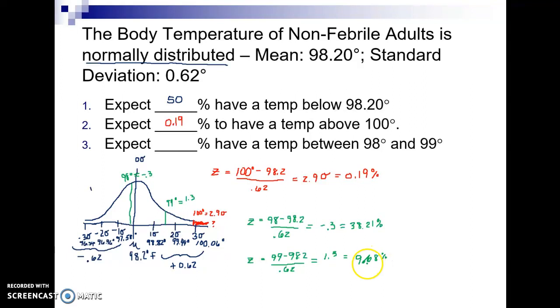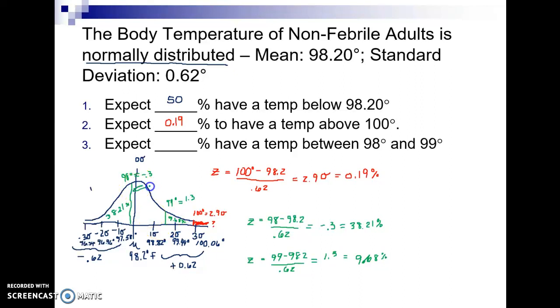So I have to think about where are those numbers on my picture. So when I read on the chart, it was percent below given value. So this 38.2% is down here. And this, by symmetry, would be above, so that would be 9.68% up here.